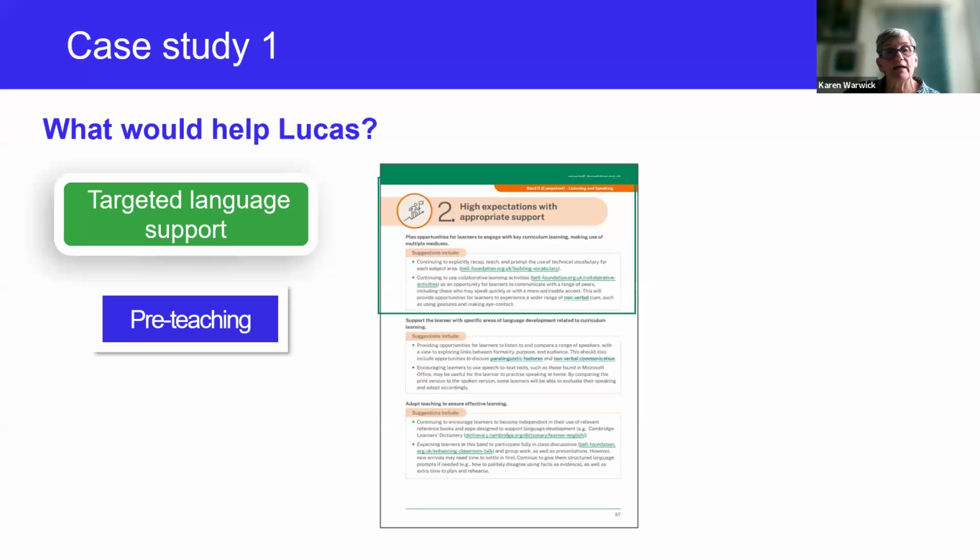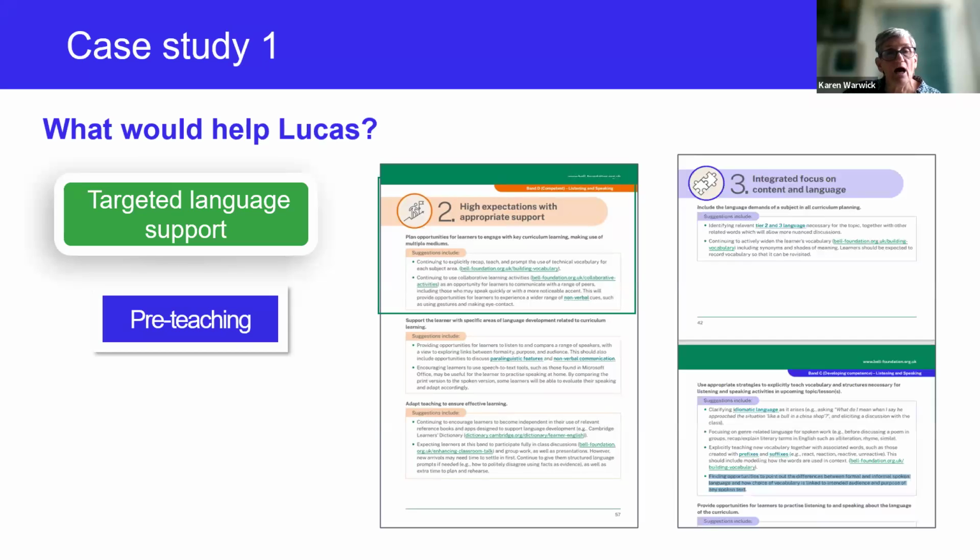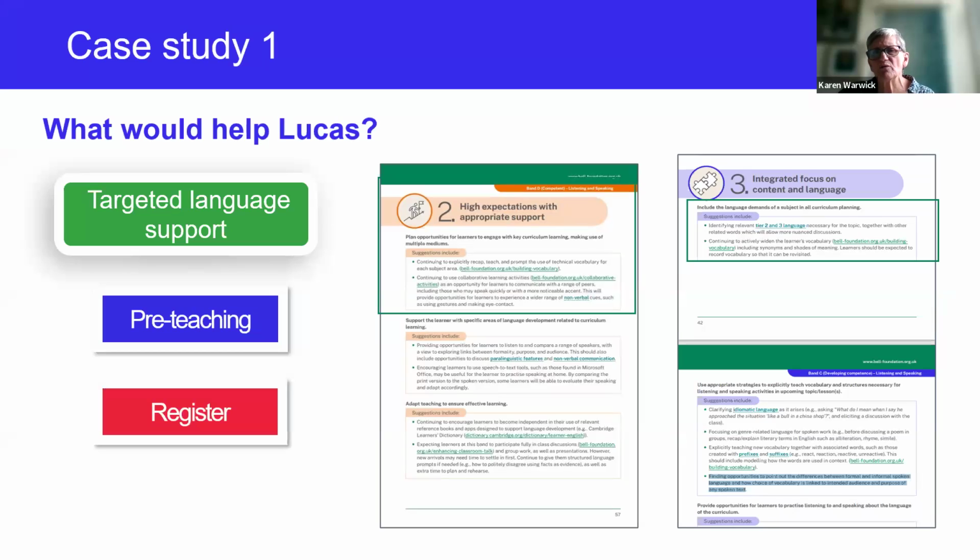And there's just a little highlight there of areas that you can look for in the guidance. Also important would be to look at, and beneficial to clarify, register. So looking at idiomatic language that arises that could be difficult for Lucas, and there's plenty of suggestions in the guidance there to show you.